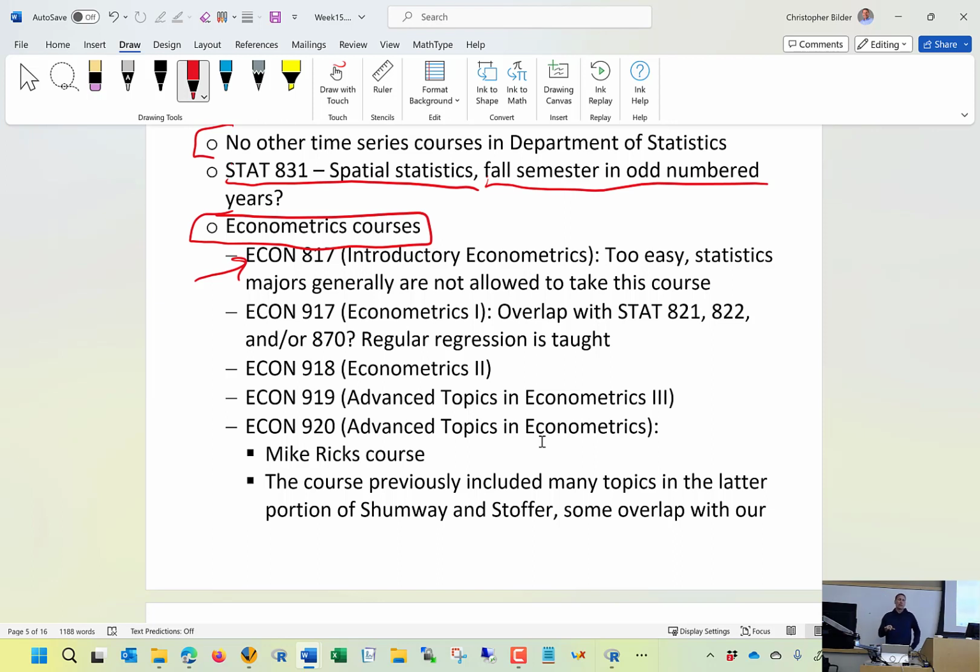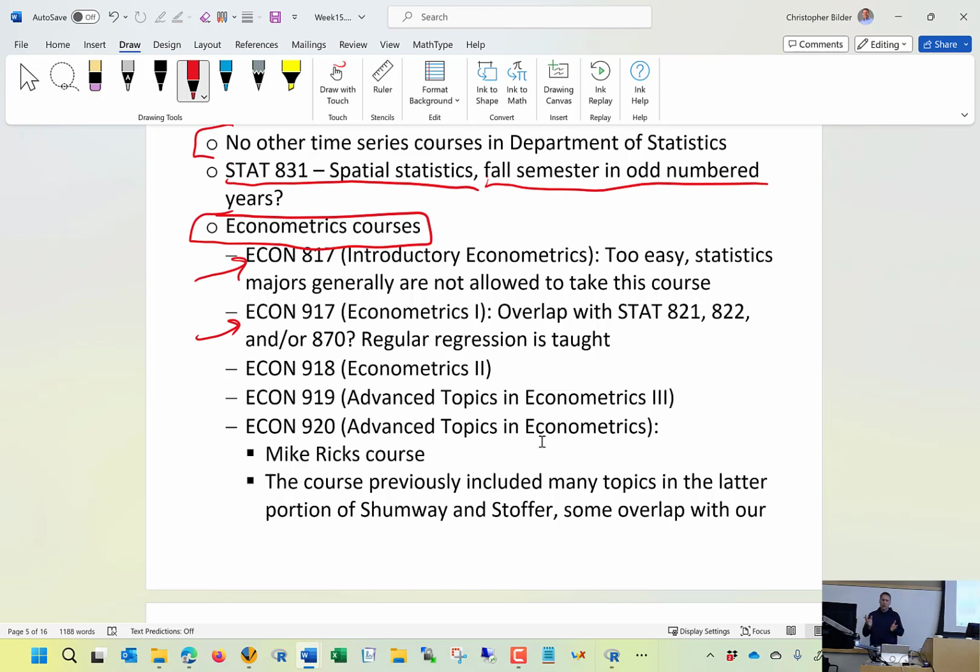The reason why I bring this up is that, at least in the past, on various student committees that I've been on, we have not allowed students to use this particular course as part of their list of courses to graduate because it's too low of a level. Okay? You might be careful about Econ 917 as well.